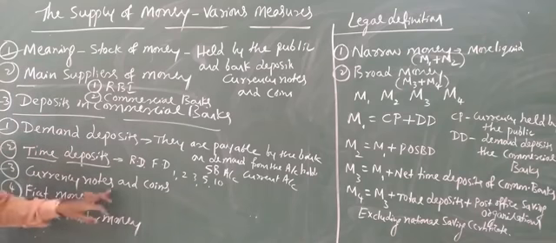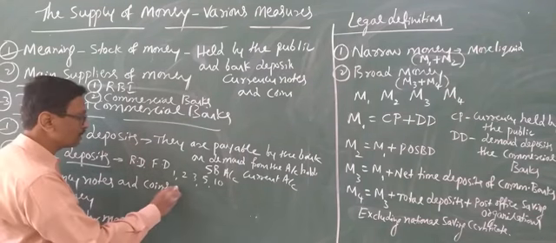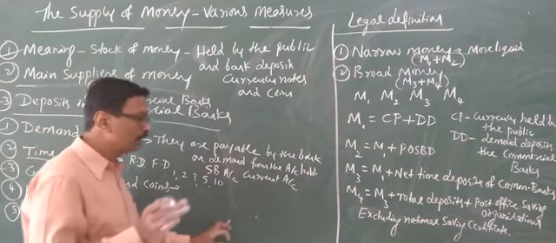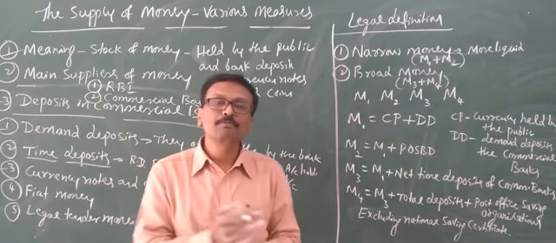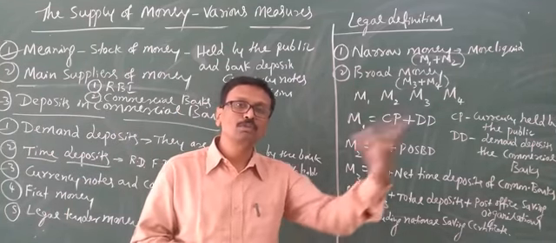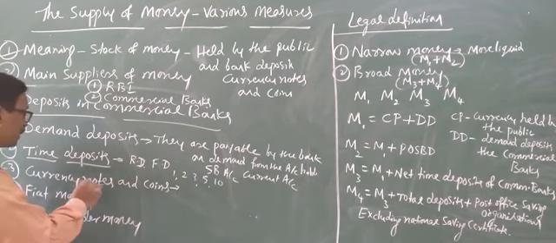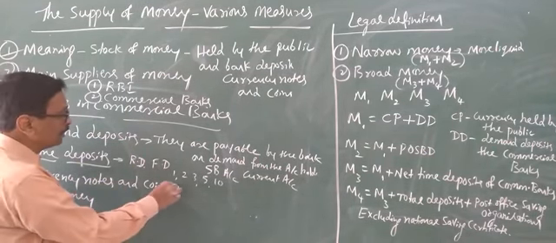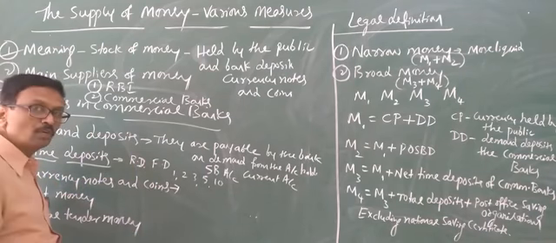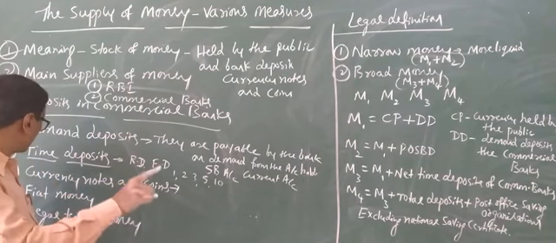Then currency notes and coins. The currency notes and coins are issued by the Reserve Bank of India with the help of printing machines, which provides loans and advances to commercial banks. Commercial banks also provide currency notes and coins in the form of loans and advances to people in real society.